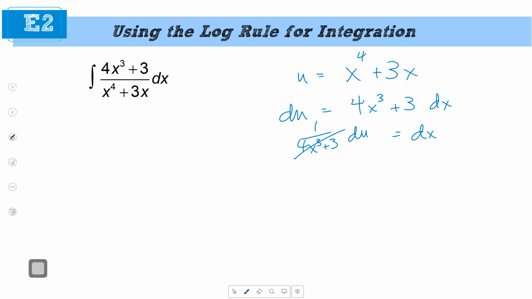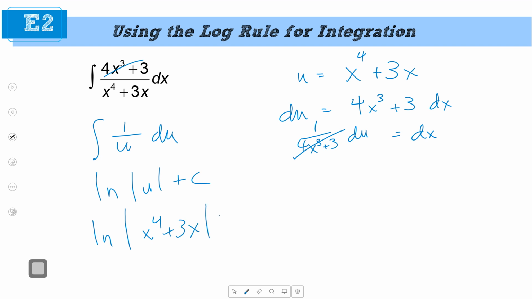You bet we did, because that cancels with that, and this becomes 1 over u du. Easy peasy lemon squeezy. What's the antiderivative of 1 over u? Natural log of? No. Absolute value of u plus c, which means we get the natural log of the absolute value of x to the 4th plus 3x, plus c.